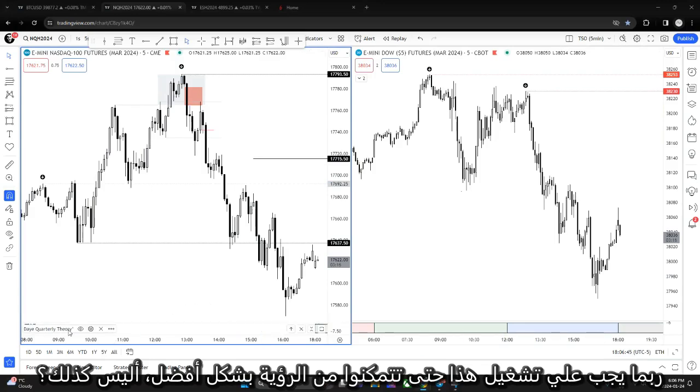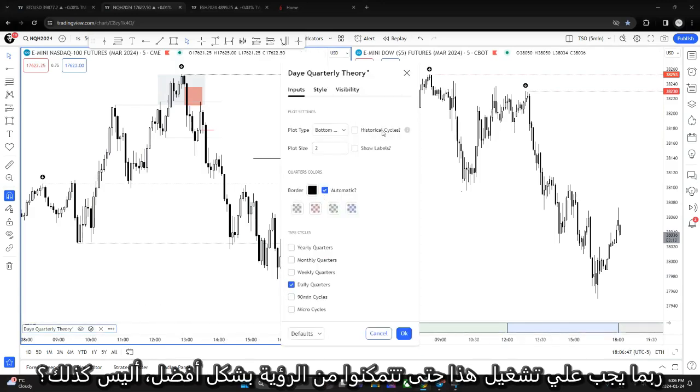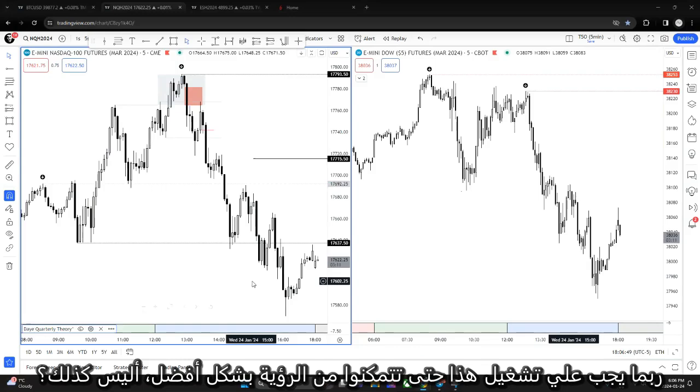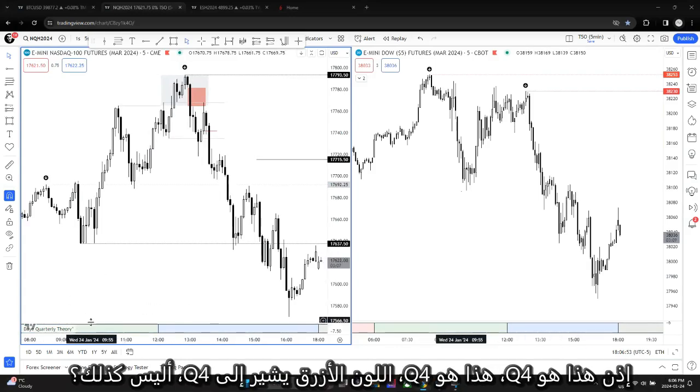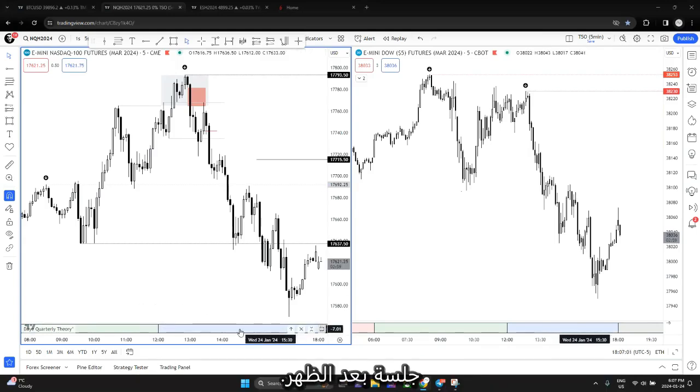Maybe I have to turn this on so you guys can see it better, right? So this is Q4. This is Q4. The blue annotates Q4, the afternoon session. This is Q3.